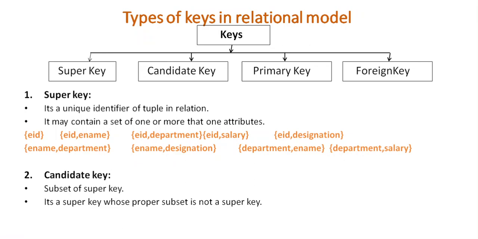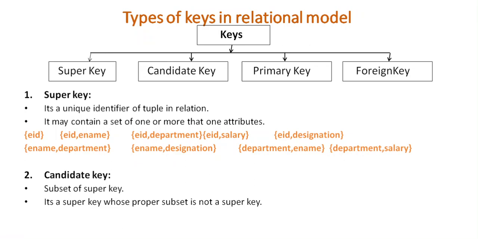So what is a candidate key? It is a subset of super key. Means we choose the candidate key from the super keys. But not all super keys are candidate keys. And what is the next condition? The next condition for a candidate key is that it's a super key whose proper subset is not a super key.